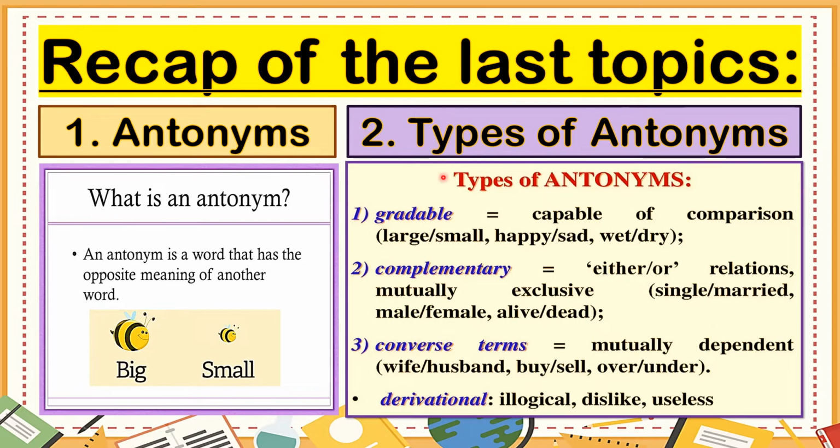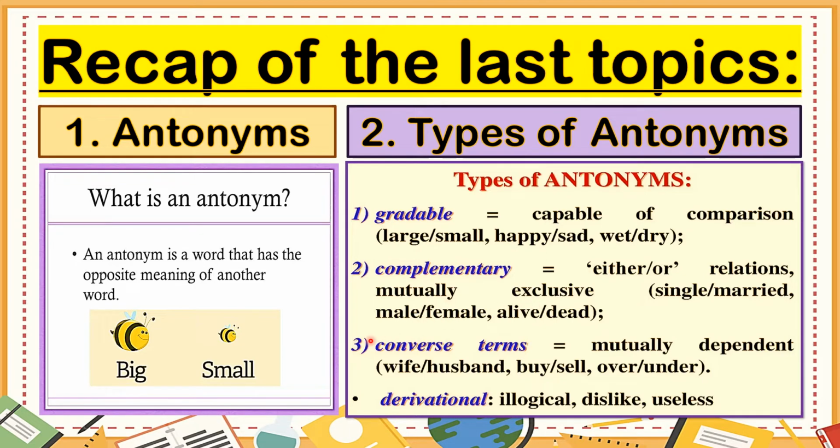There are three types of antonyms. The first one, gradable, capable of comparison. Examples, large, small, happy, sad, wet, dry. The second one is complementary, either or, relations, mutually exclusive. Examples, single, married, male, female, alive, dead.